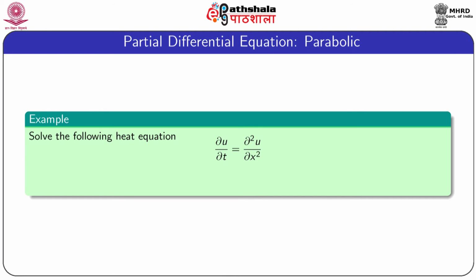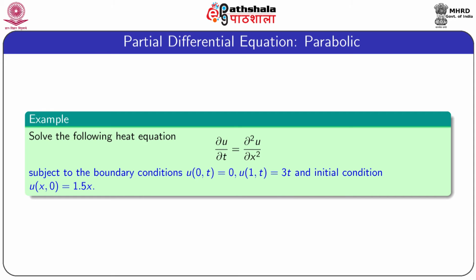Now we consider one example to illustrate this method, basically the method described in the previous cases. This method is the explicit method, so we solve this equation by using the explicit method. In this case the boundary conditions are 0 and 3t, and the initial condition is u(x, 0) equal to 1.5x.